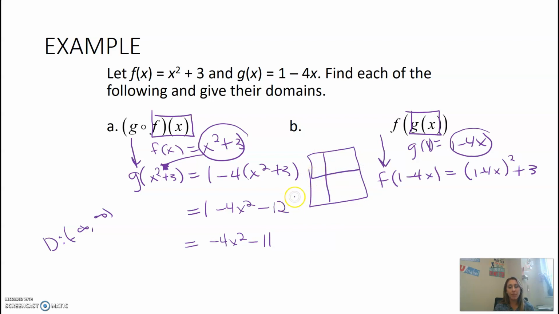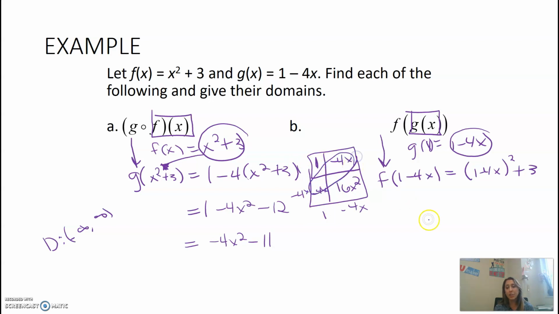So I have 1 minus 4x times 1 minus 4x. 1 times 1 is 1, and 1 times negative 4x is negative 4x. Negative 4x times 1 is negative 4x, and negative 4x times negative 4x is a positive 16x squared.